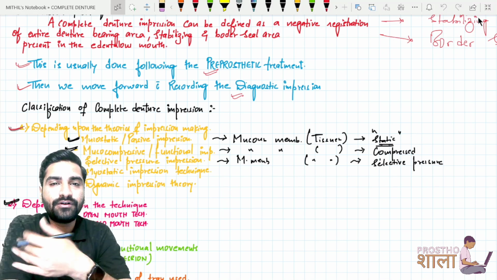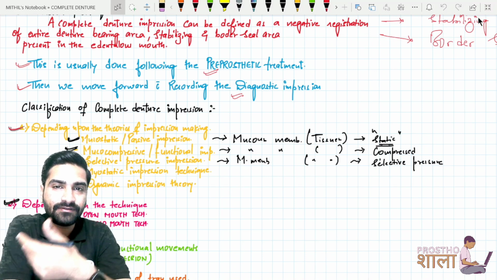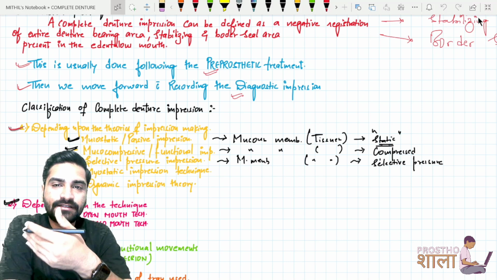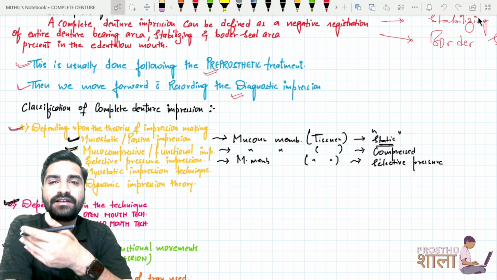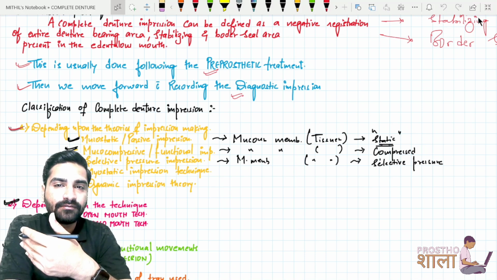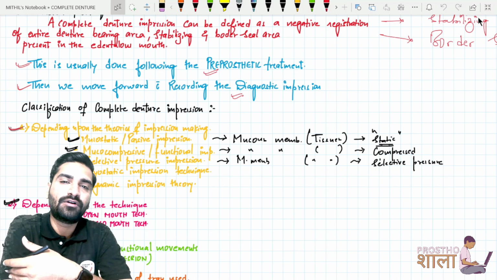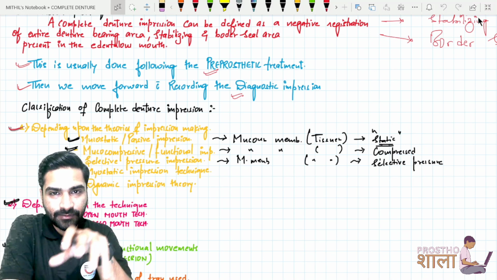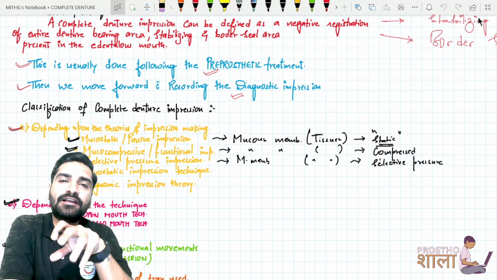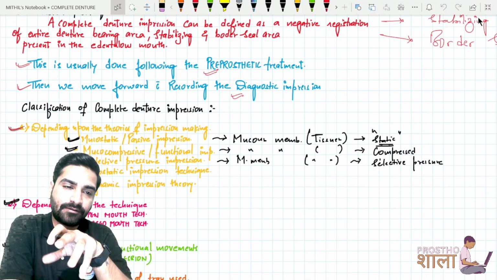When we treat a patient where we are replacing the teeth, we divide it into the emergency phase, the surgical phase, the pre-prosthetic phase in which endodontic, orthodontic and surgical treatments come, and then we go with the prosthetic phase and then follow up, right? Whatever treatments are compulsory before fabricating a prosthesis come under the pre-prosthetic treatment.